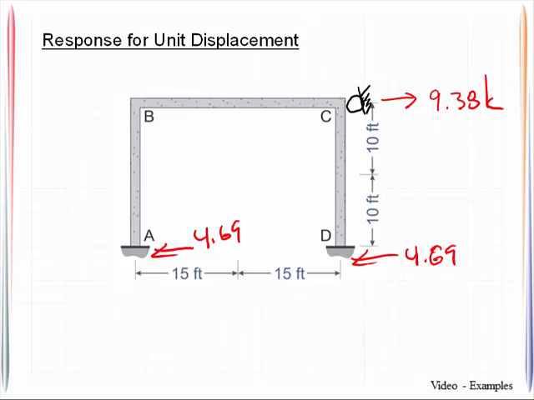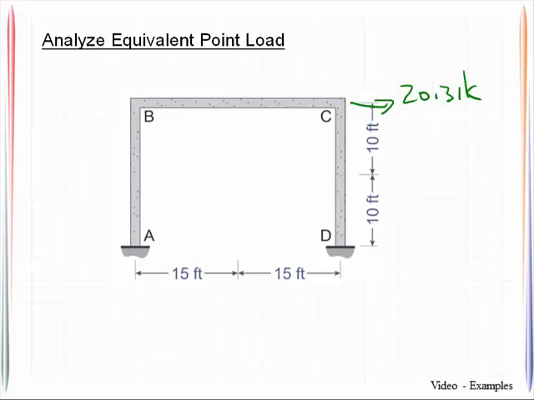Remember the structure I'm trying to analyze? I'm trying to analyze this one. So I know what force it takes to get a 1 inch displacement. I need to now look at what the response is when it's 20.31 kips.